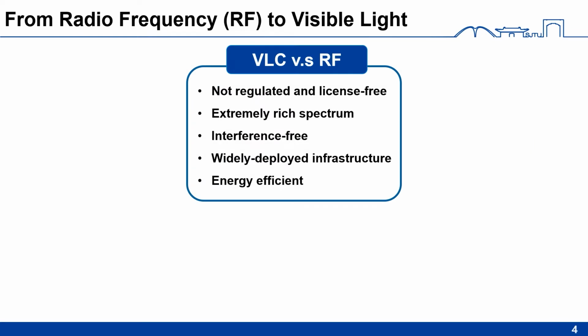Compared with radio frequency, the visible light spectrum has unique advantages. The visible light band is not regulated and license-free, and is 10,000 times wider than the RF spectrum, meaning extremely rich spectrum resources. And the directional propagation of light allows VLC to effectively eliminate communication interference, creating data links of high quality.